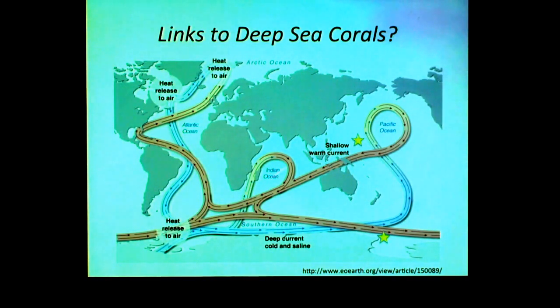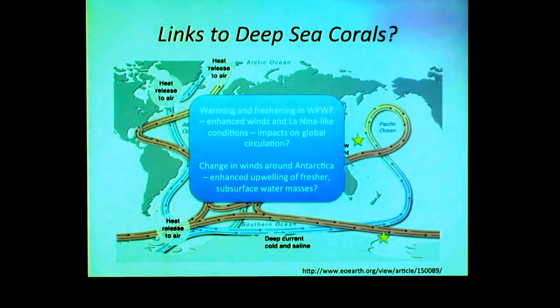The effects would be felt in this part of Antarctica with the circumpolar deep water, or the Antarctic Circumpolar Current. If this is enhancing the winds, that should enhance the amount of high salinity shelf water getting pushed off of the shelf, increasing that circumpolar deep water upwelling, and changing some of these different water masses that we're seeing.